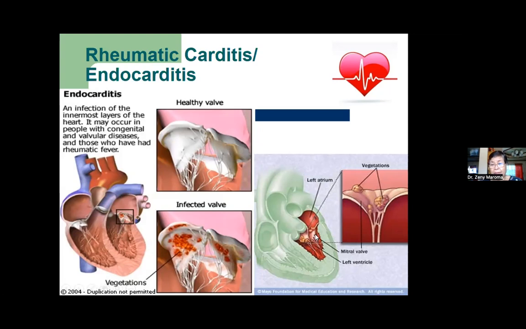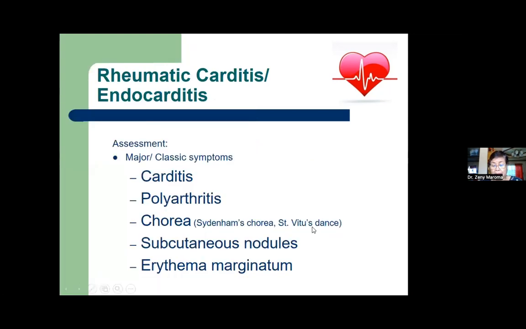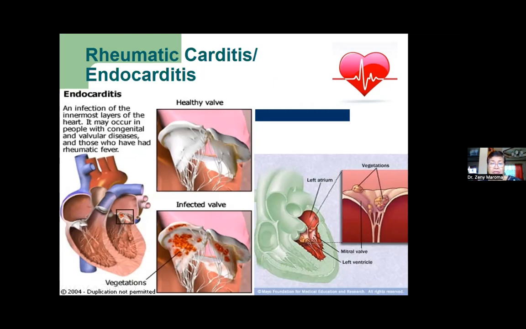Vegetations in here. Okay? So there are vegetations in the mitral valve. There are vegetations in the mitral valve. There are also vegetations in the aortic valve. Anong effect ng vegetations na yan?